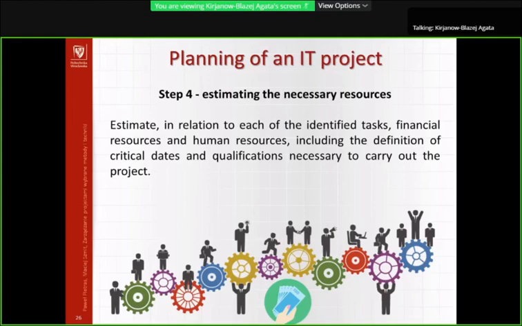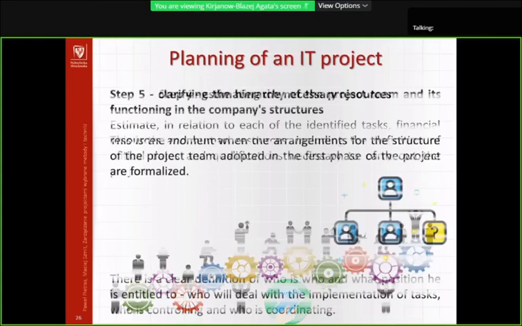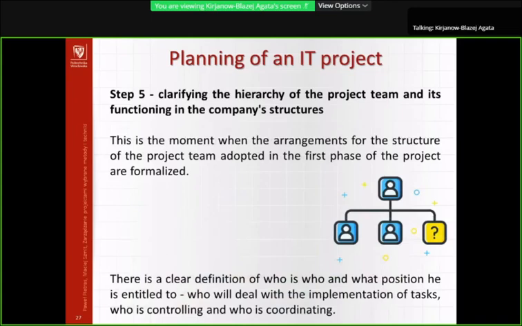And next step, clarifying the hierarchy of the project team and its functioning in the company's structure. And this is the moment when the arrangements for the structure of the project team adopted in the first phase of the project are formalized.